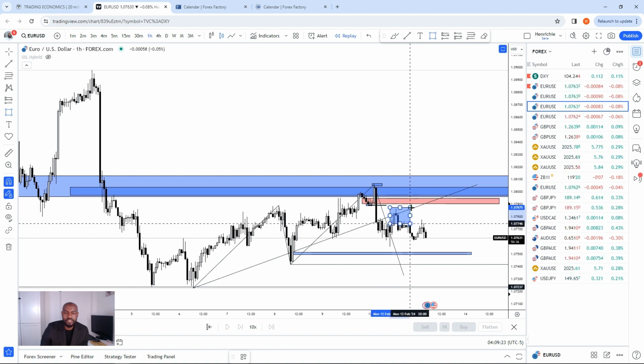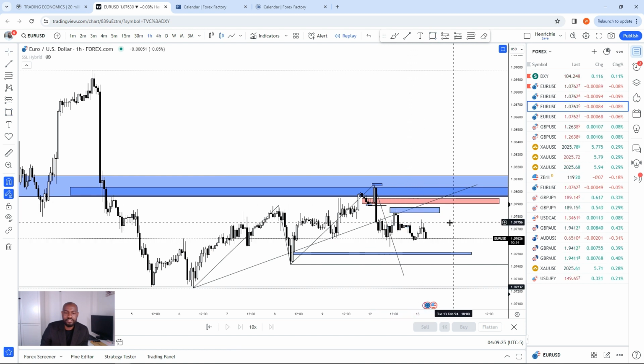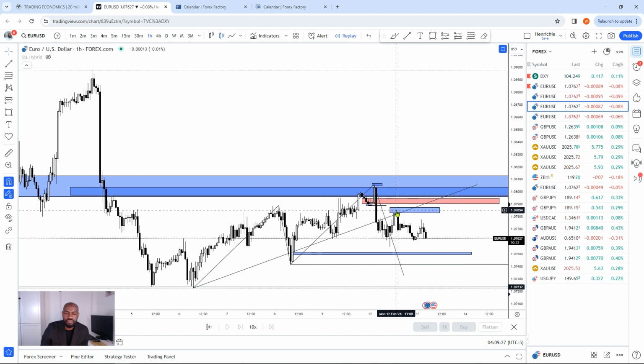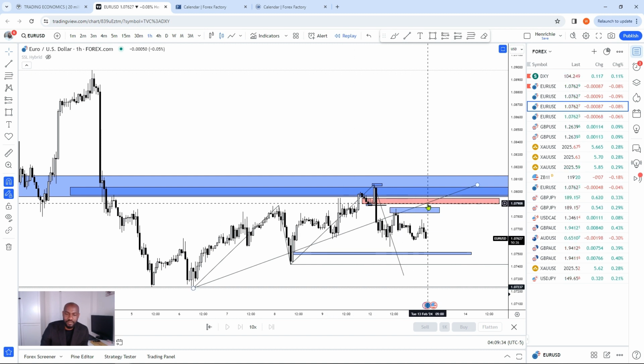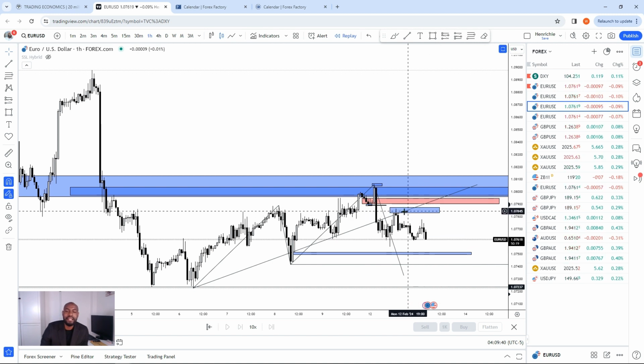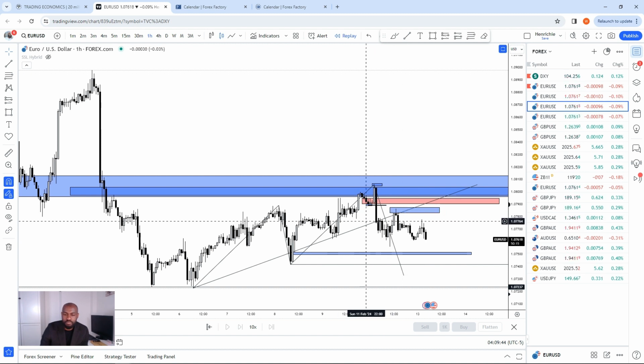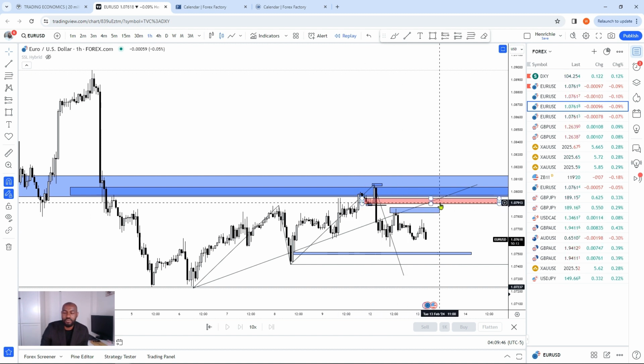There's going to be so many stop losses resting above this high, because traders are going to be trading off this key level as a trend line. They're going to be selling off that key level. So the algorithm is going to be hunting places like this to run the liquidity. And whether we're going to go to the upside or downside, this liquidity is going to be so juicy for price to want to run through before going to whatever direction it wants to go.